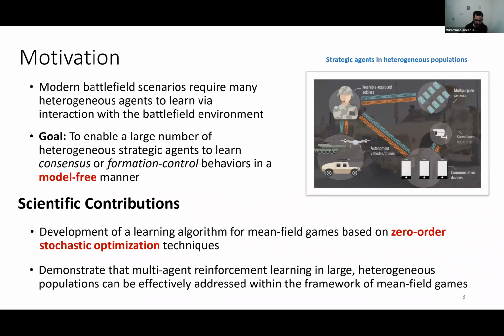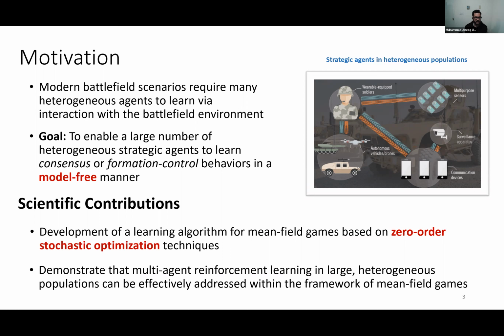The motivation for this talk is a battlefield setting. I was involved in a grant aimed toward battlefield scenarios, and model battlefield scenarios require heterogeneous agents to learn via interaction with the environment.